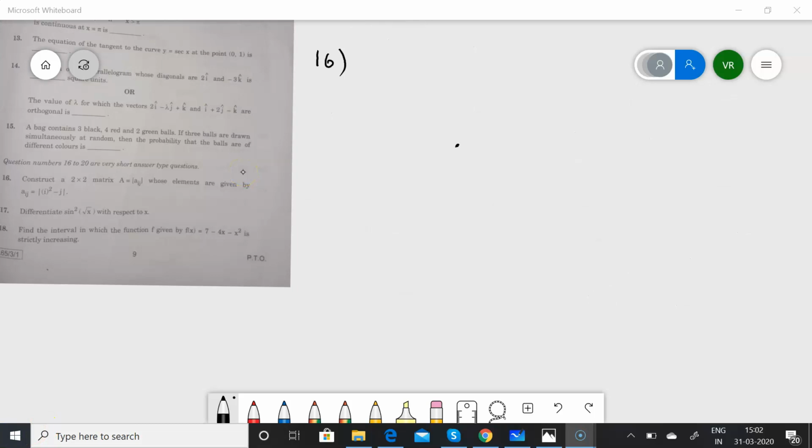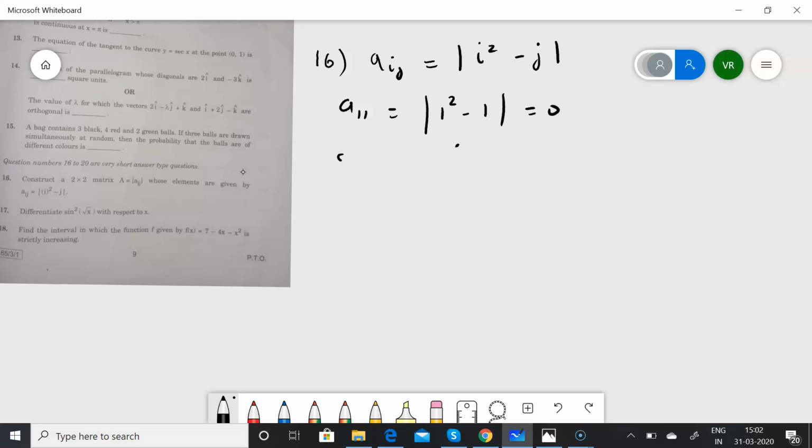16. Construct a 2 by 2 matrix A equals Aij, whose elements are given by Aij equals modulus of i squared minus j. So given Aij is equal to modulus of i squared minus j. So it is now going to be a 2 by 2 matrix. So A11 is now going to be 1 squared minus 1, which is equal to 0.